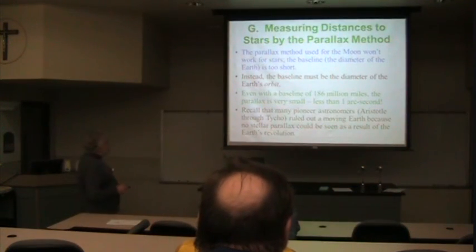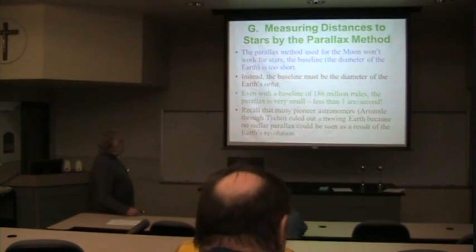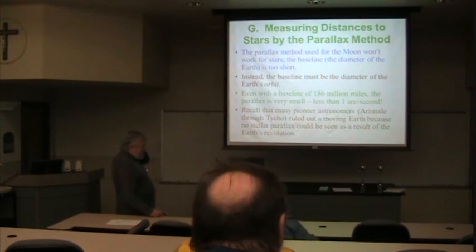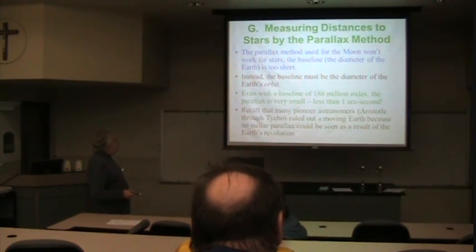Okay, measuring distances to stars by the parallax method. Now, the method that Eratosthenes, but Aristarchus used will not work on the distances to the stars because the baseline of the triangle, the diameter of the Earth, or some fraction thereof, is way too short.